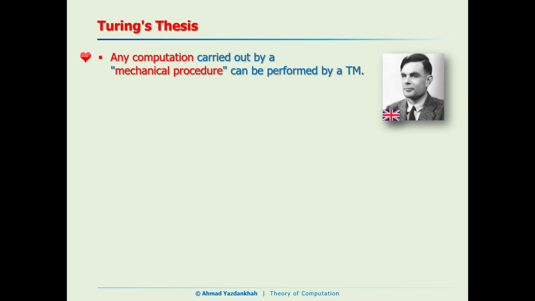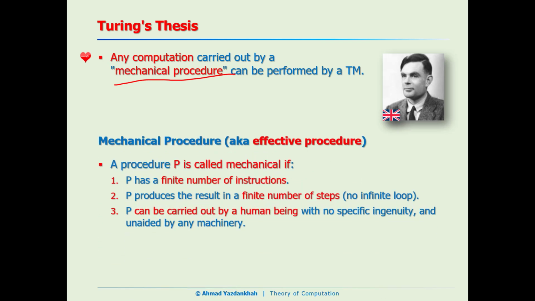In this statement, everything is fine, everything is clear, except this mechanical procedure. What is the mechanical procedure? So here is the definition. A procedure is called mechanical if this procedure or P has finite number of instructions. So if we are stating an algorithm, the statements of this algorithm should be finite.